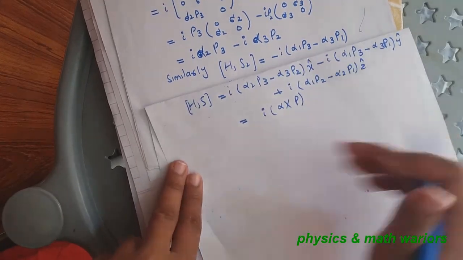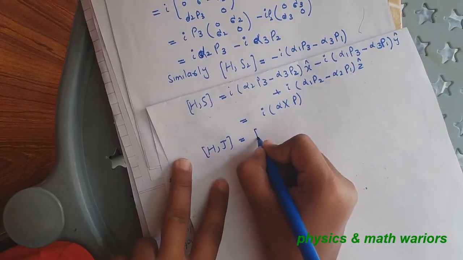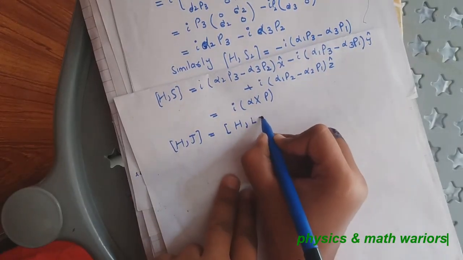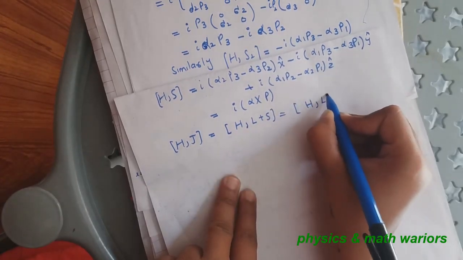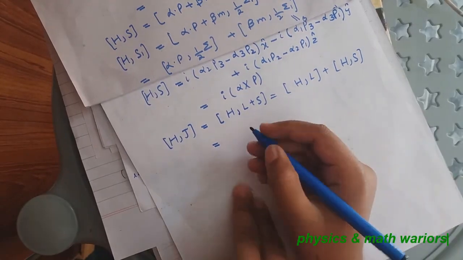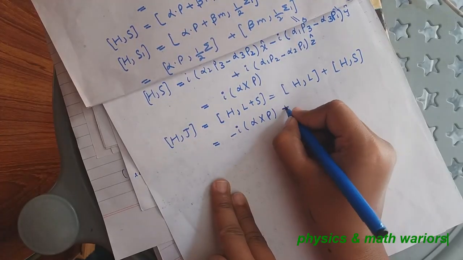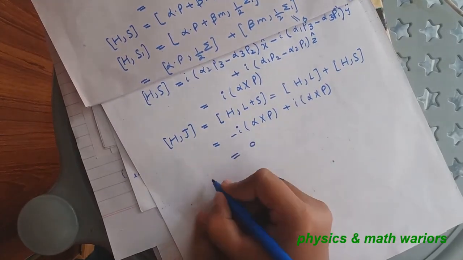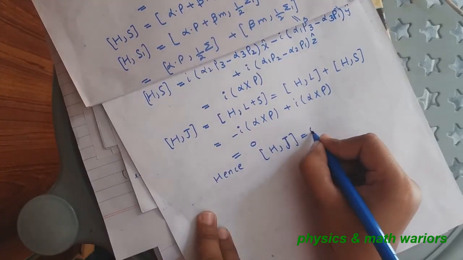Now the commutator of H and J is equal to the commutator of H and L plus S, which is equal to the commutator of H and L plus the commutator of H and S, which is equal to −iα cross P plus iα cross P, which is equal to 0. Hence the commutator of H and J is equal to 0.